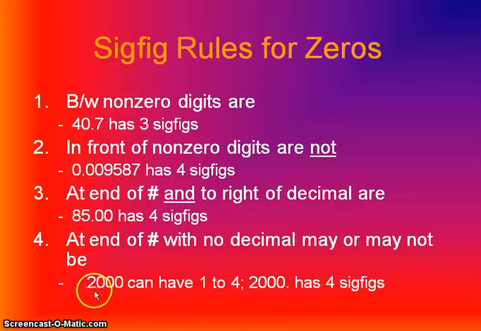So we would say that this has 1 to 4 significant figures. Now, as soon as you put a decimal point here, that will make all of these zeros significant. So all 4 of these digits here are going to be significant, so this has 4 significant figures.